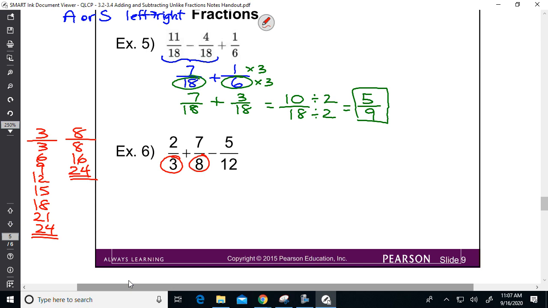So the least common multiple is 24. 3 times 8 gives you 24. 8 times 2 is 16. 8 times 3 is 24. 7 times 3 is 21.